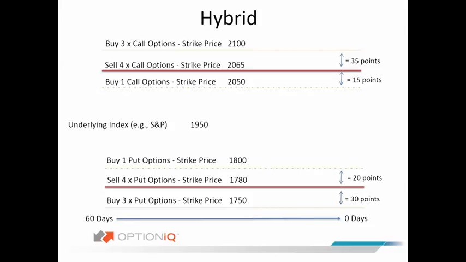Now, at the same time, we're also going to go down and we're going to buy 1 on the put side. And this put option is going to also be bought closer to the market, but instead of 15 points, we're actually going 20 points closer or inside of the put that we sold. And we're going to buy an option at the 1800 strike price.